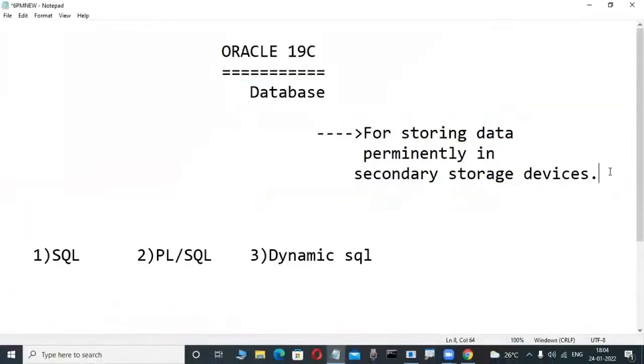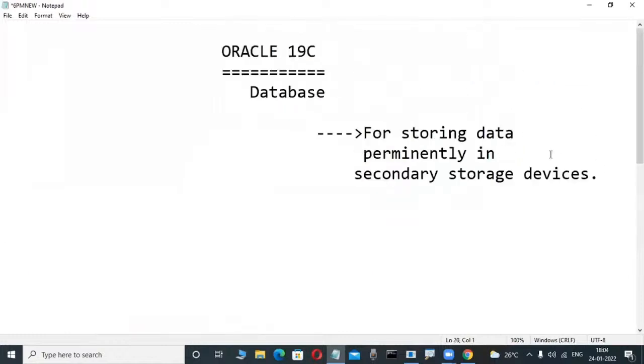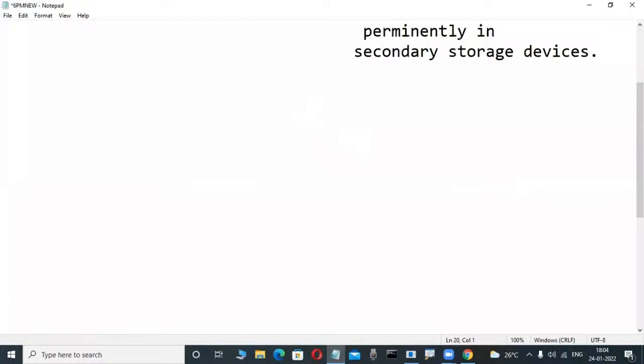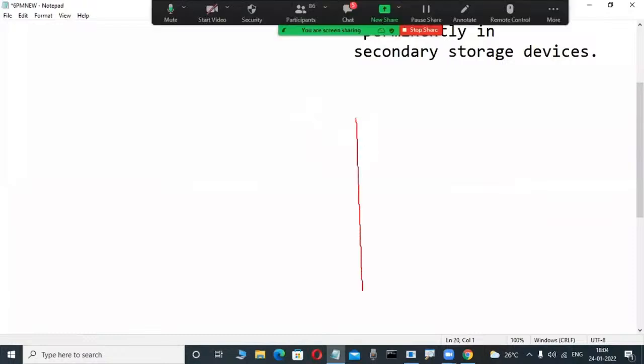But unfortunately, as I told in previous classes, observe slowly, a database means it is a place. Whenever we install Oracle, SQL Server, DB2, these types of databases in our system, automatically one place is created. That is called the database.